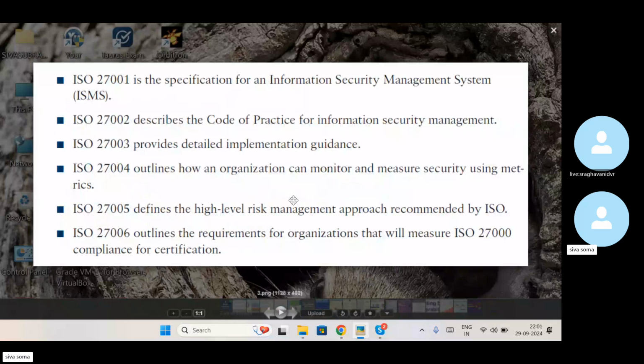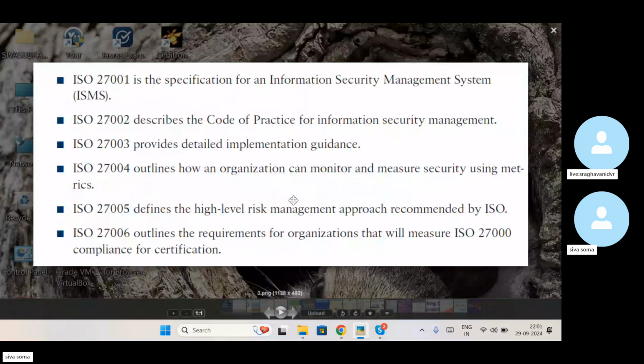ISO 27004 provides outlines of how we monitor what you practiced and implemented in an organization, so that you know the effect of the implementation, right? So then what will you do? You will monitor. That comes under the category of ISO 27004.